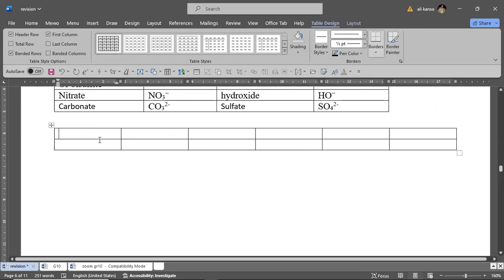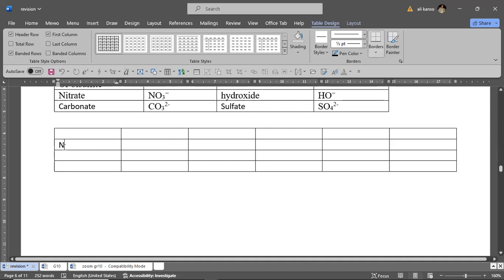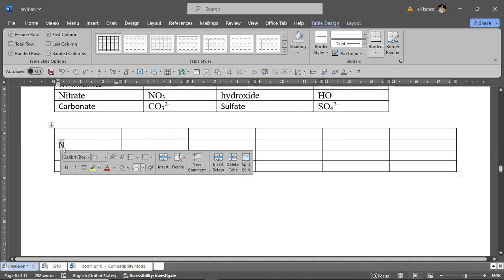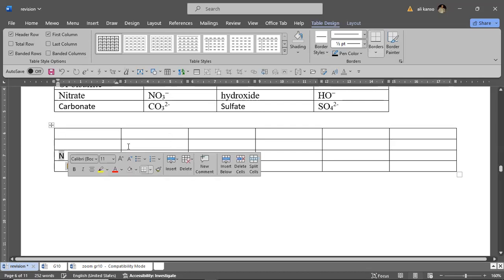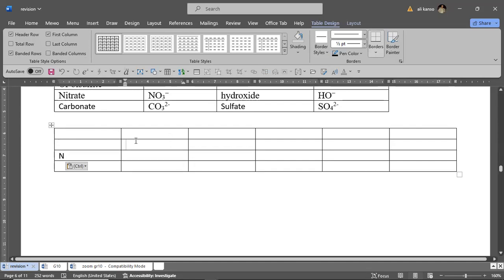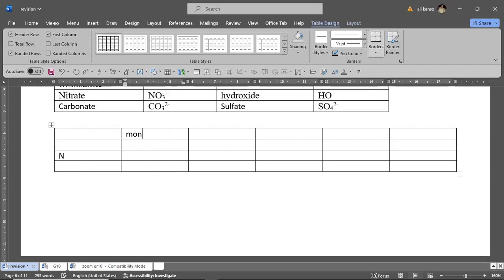We have nitrogen, capital N. Okay. Monoatomic. I have to summarize some information. First, monoatomic.